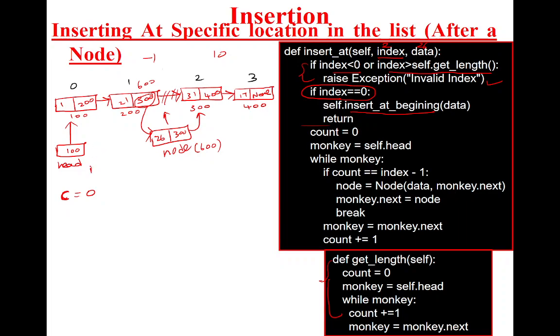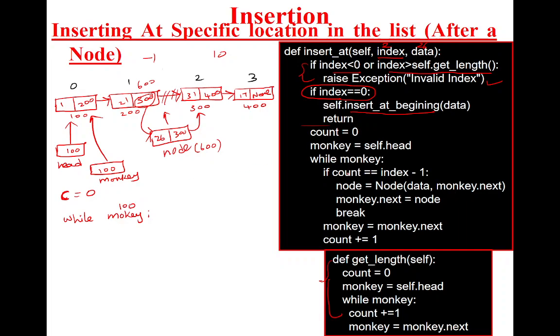We are creating the monkey node. Monkey value is nothing but the head value. What is the head value? 100. So it will be pointing over here. Let me give you here: while monkey. What is the monkey value here? 100. So 100 is a valid address, it is not none.